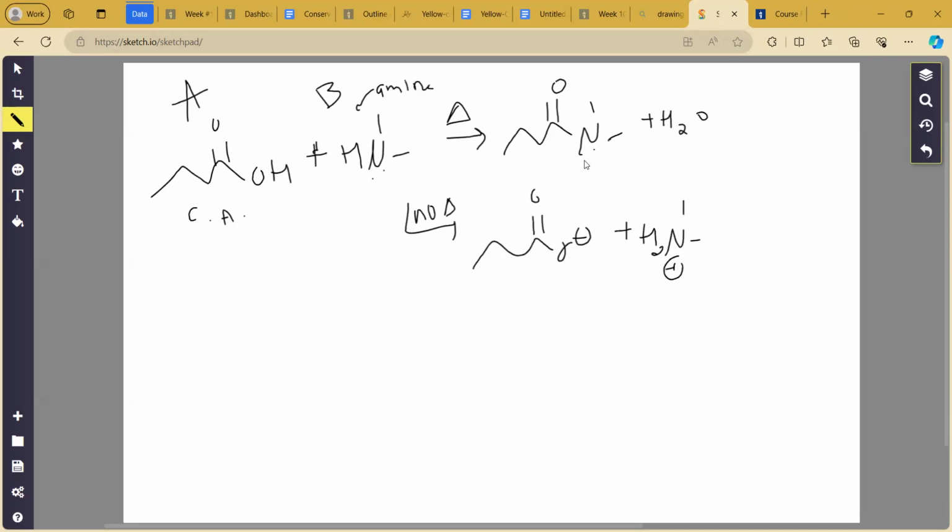And then you have this ammonium ion here. So when you have heat, it makes an amide. When you don't, it's just an acid-base reaction. Does anyone have any questions about that?